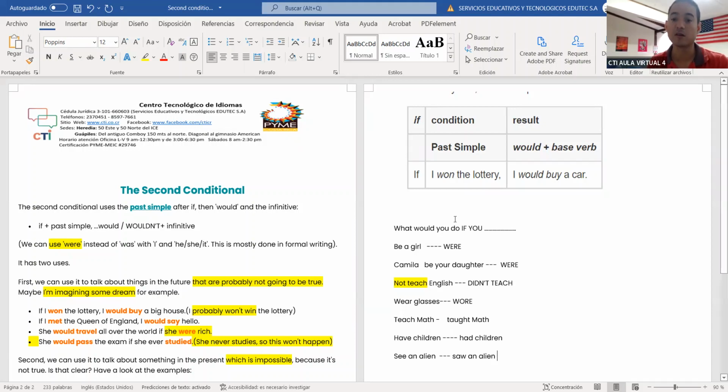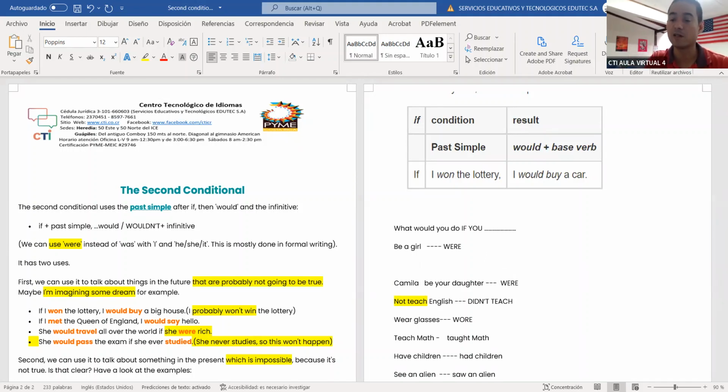And also remember, use were for he and she, and also the negation in the past is didn't. Also important, people, if you need to use negation with the verb to be: I am a boy, so you want to say, maybe, teacher, what would you do if you were not a boy?